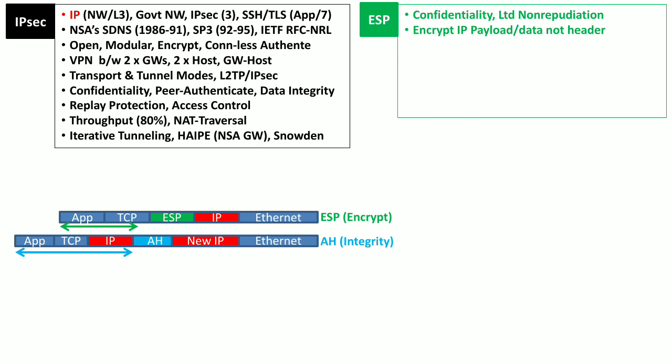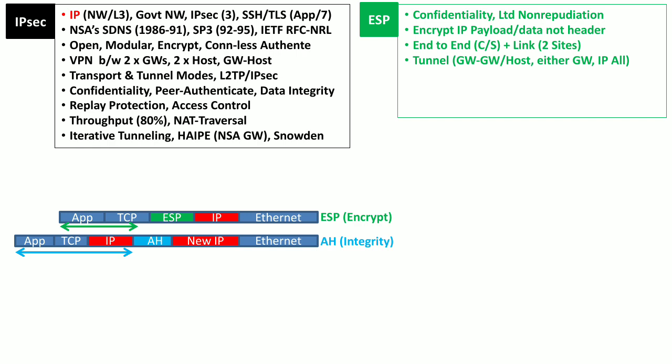It is mainly used to provide end-to-end security, that is between a client and a server. And it can also be used to provide link encryption, that is between two networks and two sites. But mainly once we refer to ESP, it is used to provide end-to-end security.